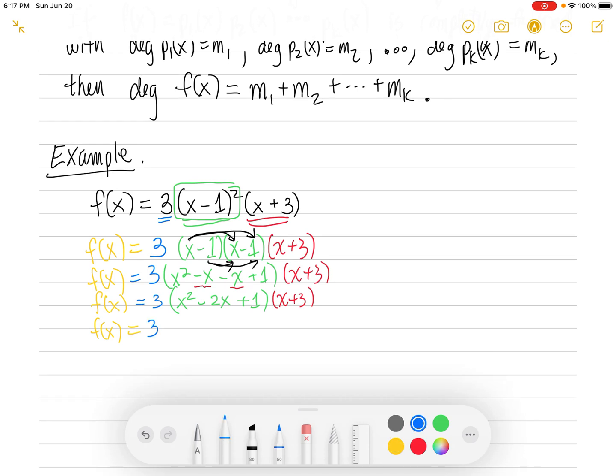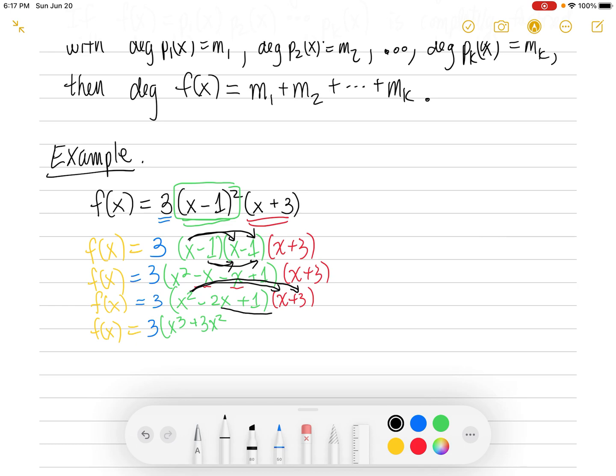We're going to leave the blue 3 alone. So x squared times x is going to be x to the 3rd power. And then x squared times 3 gives me plus 3x squared.